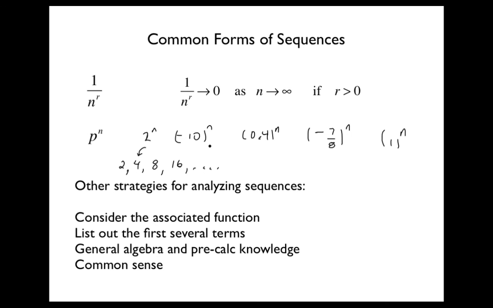Yeah, even worse, right? Half the terms are going to be getting really large positive. The other half of the terms are going to be getting really large negative. So this is even worse divergent. What about 0.4 to the n? So 0.4, 0.4 squared. Always keep in mind that this is a list of values, and what is that list going to do?